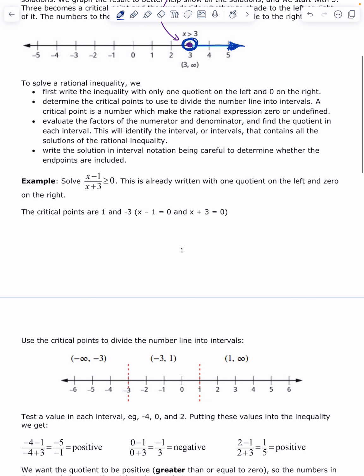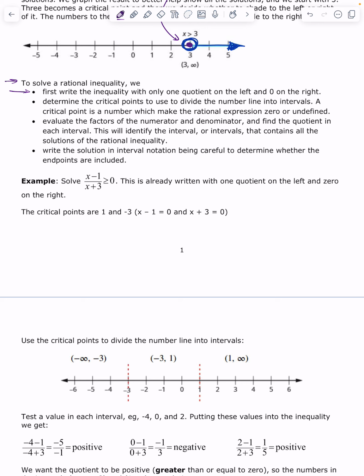So for those of you that like steps, we have some steps here. To solve a rational inequality, first thing we want to do is make sure everything is on one side and you have a 0 on the other side. Now, it's a rational inequality.